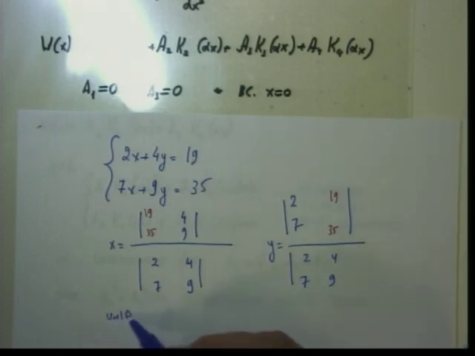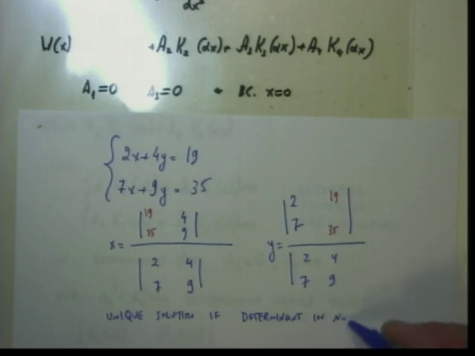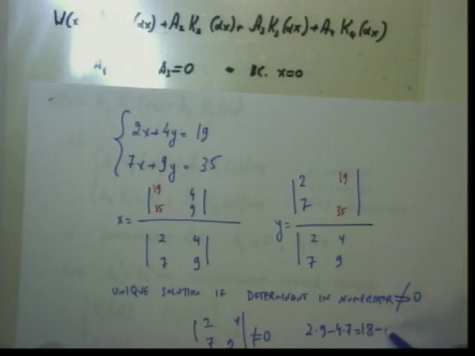There is a unique solution if the determinant in the denominator is not 0. 2, 4, 7, 9 must be not 0. And indeed it is not 0: 2 times 9 minus 4 times 7, it is 18 minus 28.